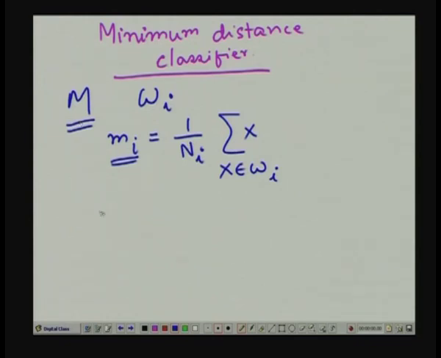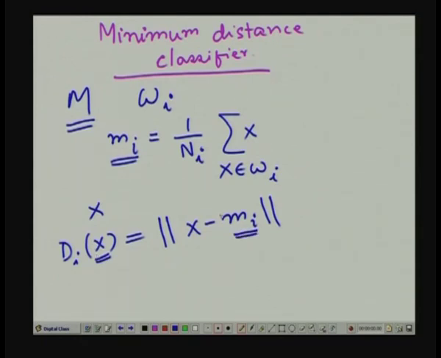Then, given any unknown vector x, I find out the Euclidean norm of this vector x from these mean representative classes. So, I just find out d i x, which is x minus m i. This gives me the Euclidean norm or the Euclidean distance of this feature vector x from the representative of the ith class.